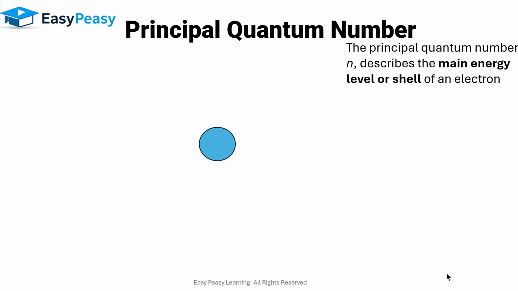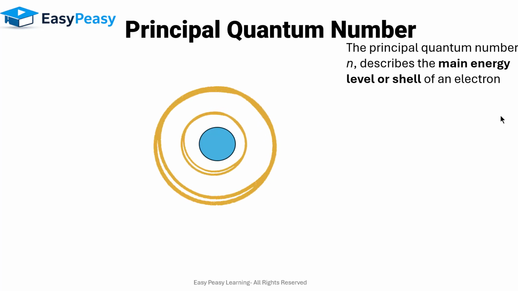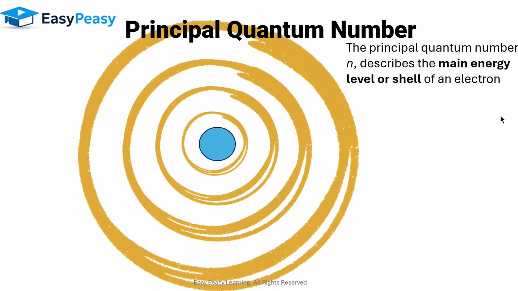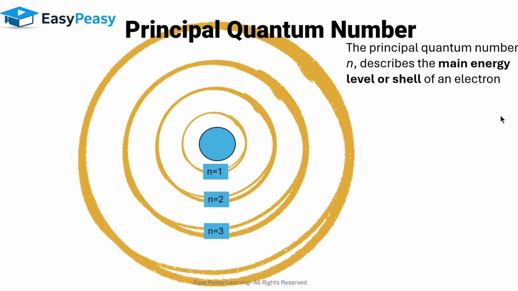So, the principal quantum number is described as n. It describes the main energy level or shell of electrons. So, this is the first shell, this is the second shell, this is the third shell, this is the fourth shell, and so on and so forth. Now these shells, according to the principal quantum number, will be n=1, n=2, n=3, n=4 respectively.